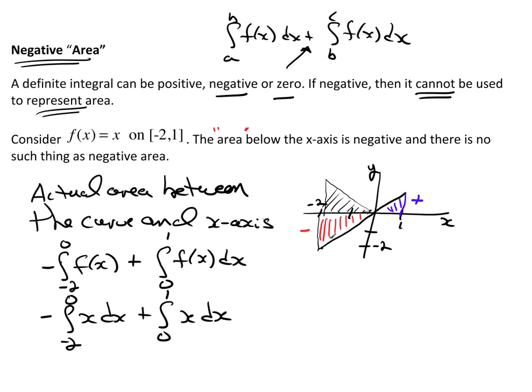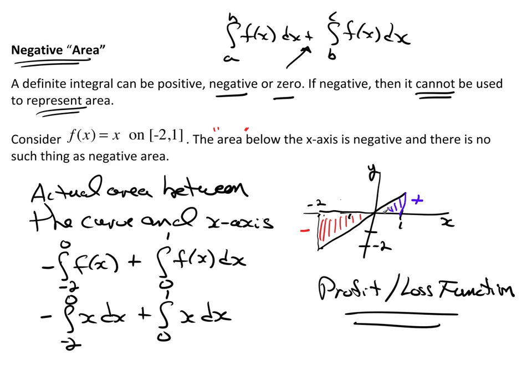Now, where this may be important as it was before I started looking for the actual area in between, suppose this was a profit-loss function. If I integrate this as it sits, simply the integral from negative 2 to 1 of x dx, obviously there's more negative area here, again in kind of quotes.